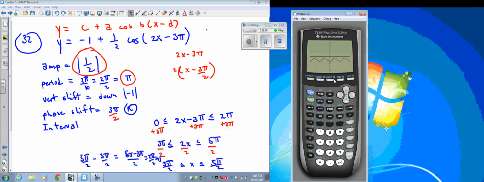Another way you can check this is to go trace and go along that thing. Now it won't give you 3 pi over 2, but you want to find about where you are at maximum, and it's 1.57.